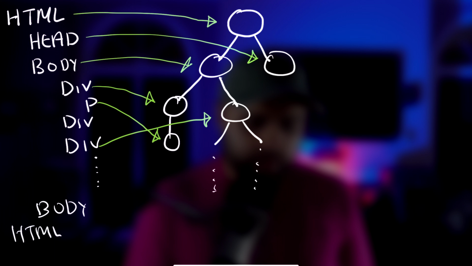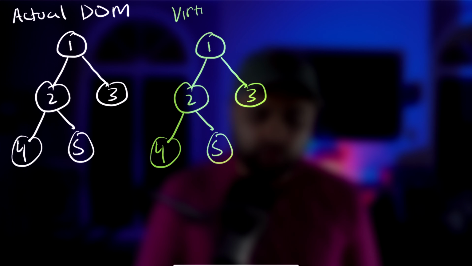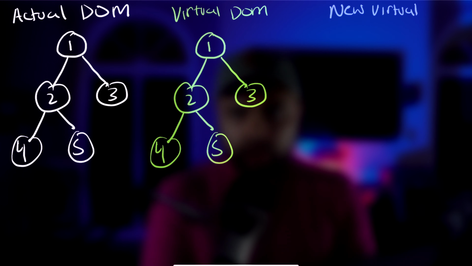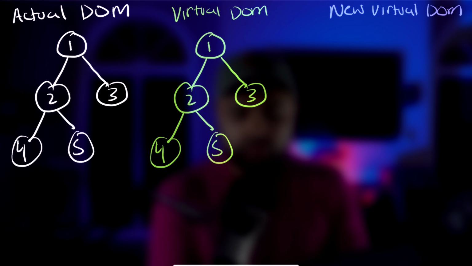So, how does React work? Well, React will look at your actual DOM. So let's say you have a few nodes, a few HTML elements, 1, 2, 3, 4, and 5. And then what React will do is it will take a copy of that, and that's what it calls the virtual DOM. Then any changes that are happening are actually first happening to the virtual DOM.